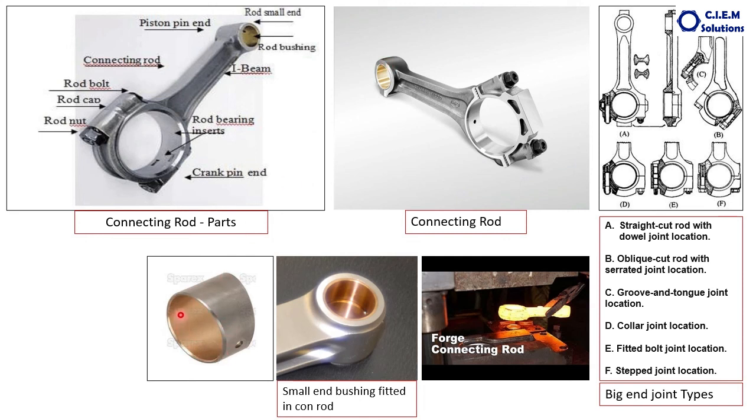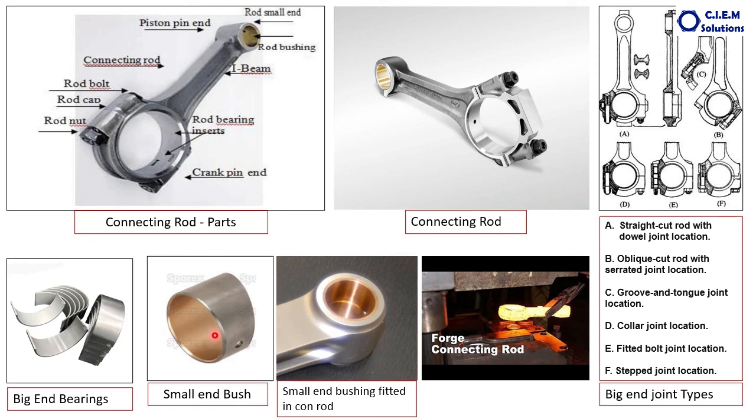Its bore is circular, but at the top the width will be less and at the bottom the width will be more. Whatever the amount of load and type of loading is taken by the gudgeon pin, the same load acts on the small end also. So to have that shock absorbing capacity and to give lubrication capacity, these connecting rod small end bearings are made with copper alloy backed by a steel casing.